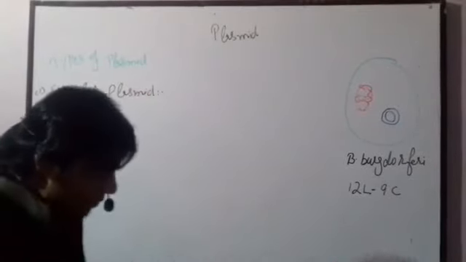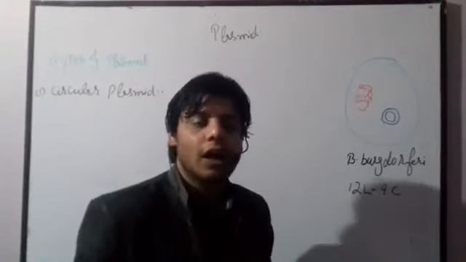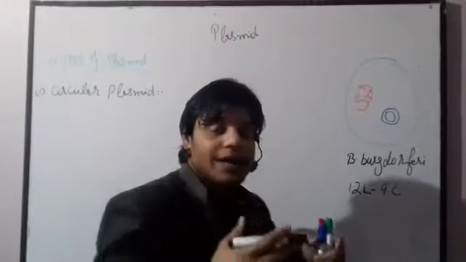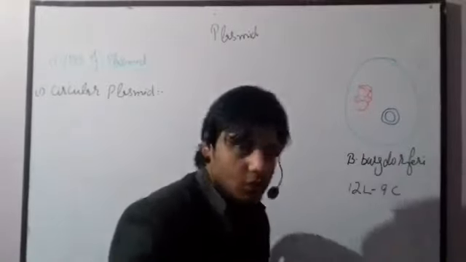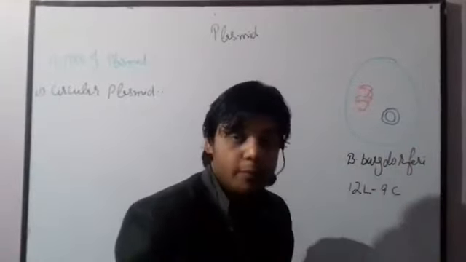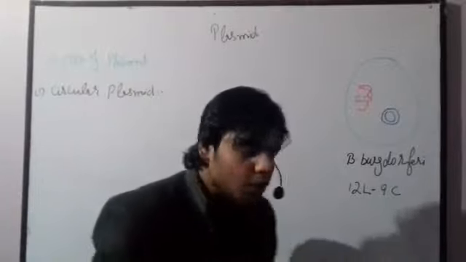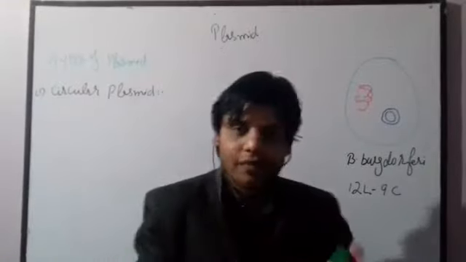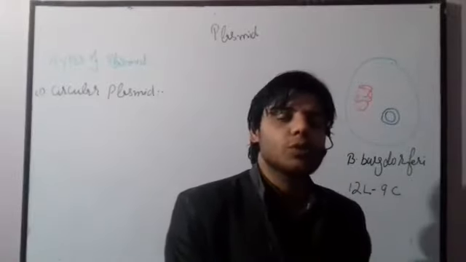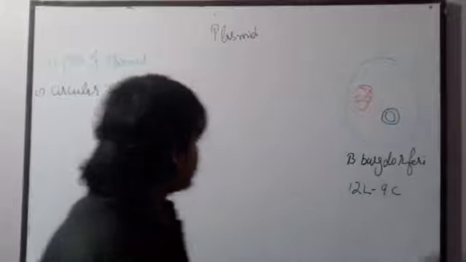Circular plasmids are those extra chromosomal materials present in a prokaryotic cell which are in a circular form. For example, this is a circular DNA, and this is a circular plasmid as well. Such circular plasmid DNA is self-replicating and produces special kinds of genes which are important for bacterial survival. This is about the first.